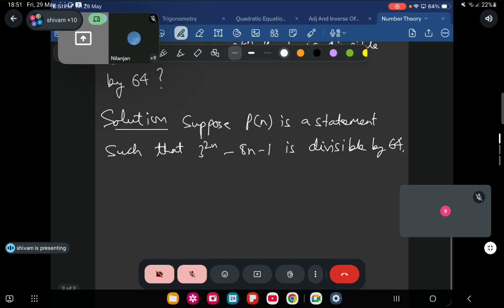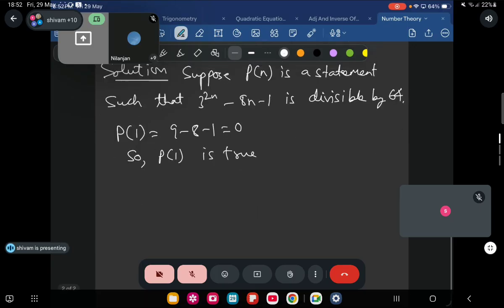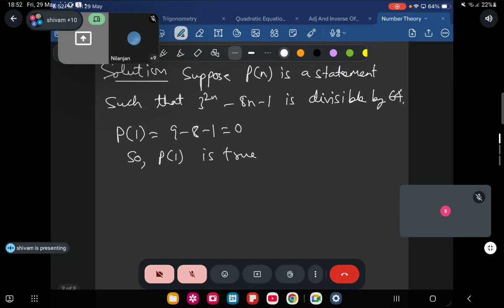Okay. Is P1 true? Let us see what is P1. P1 is 3 squared, that is 9. 9 minus 8 minus 1 equal to 0. Yes, it is divisible by 64, right? So P1 is true. Okay. Once you understand that P1 is true, let us say that Pn is true for n equal to k.